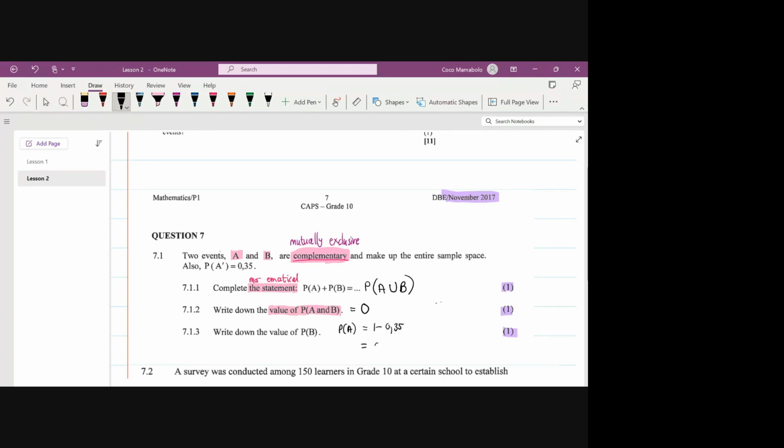That's going to make it 0.65. Now, we know that the probability of A and the probability of B together must give us 1. So that means, therefore, the probability of B is just going to be what A is not, which is just 0.35. All right, thumbs up. Does that make sense? Everybody okay with that?